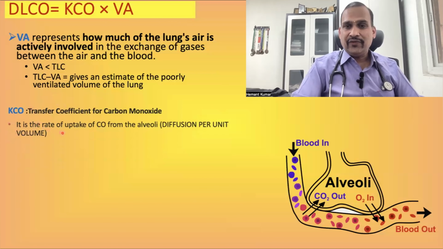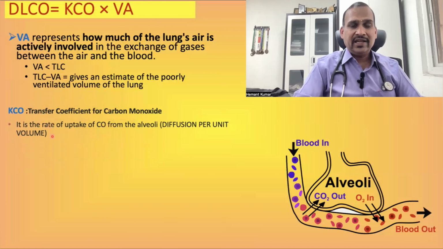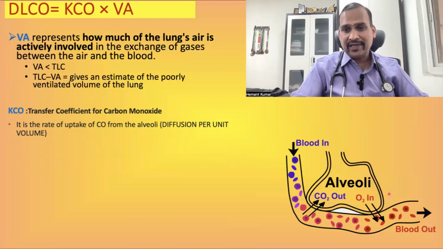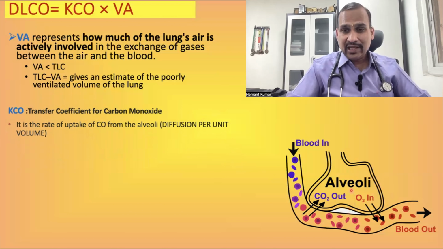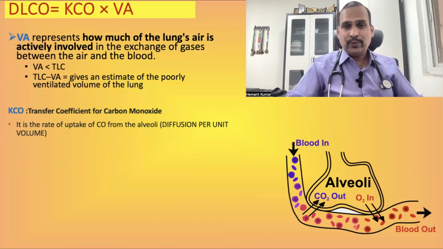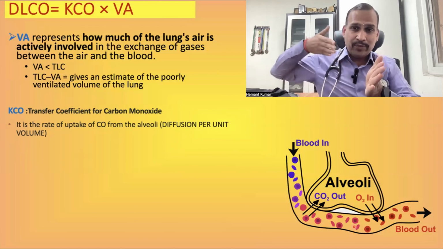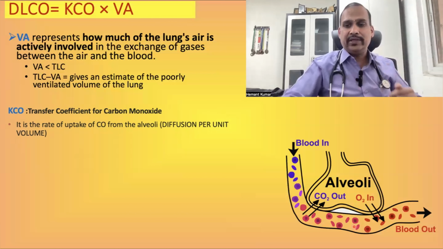Now KCO. What is KCO? This is the transfer coefficient of carbon monoxide. It is the rate of uptake of carbon monoxide from alveoli to blood, diffusion per unit volume. Say for example, this is the volume of gas which is available for transfer, and KCO is the amount of transfer from alveoli to blood per unit surface area. This is efficiency: per unit volume, how much gas is transferred from alveoli to blood.